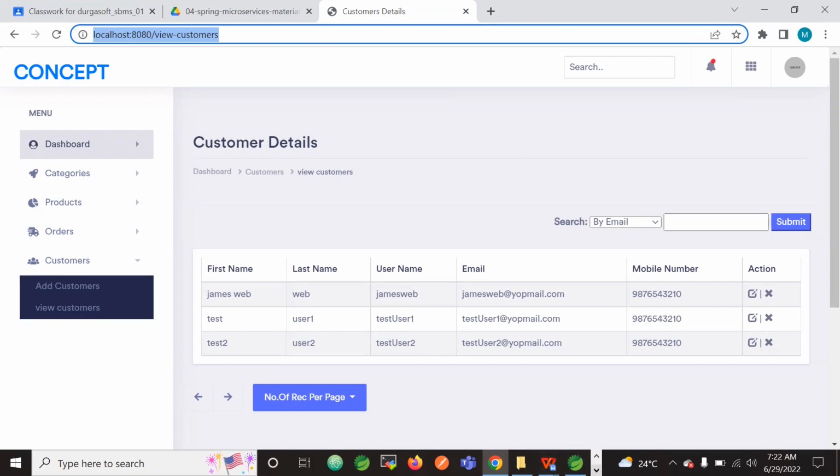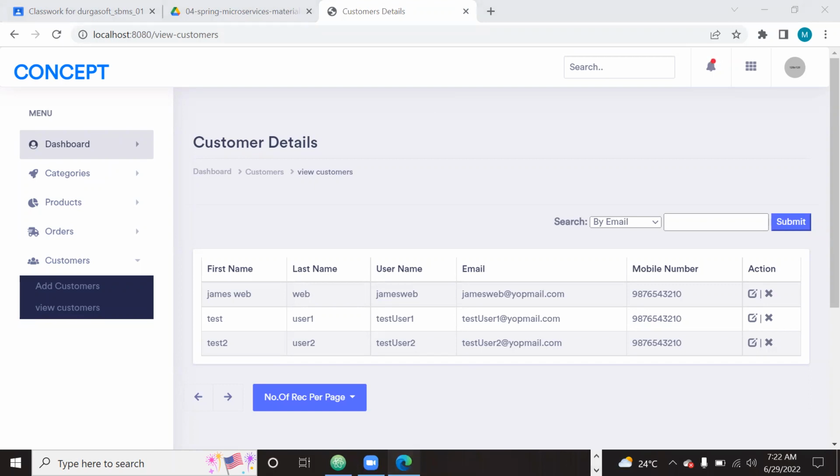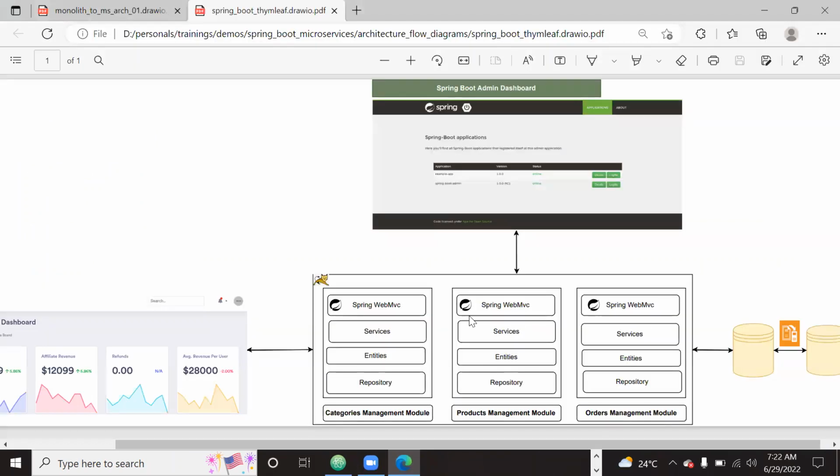So what does cascading failure mean? All the modules are using the same database, and all the modules are using the same process boundary. So if one of the modules fails, the entire application will fail.